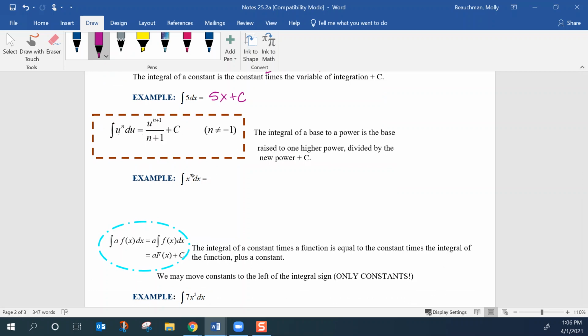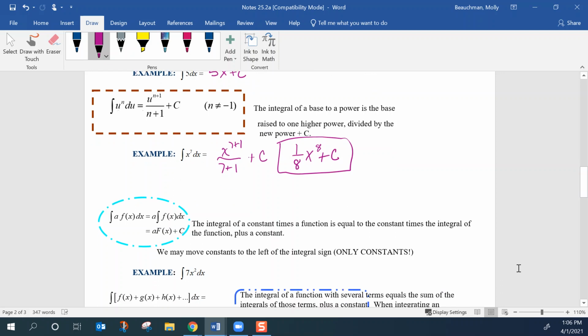So the integral of x to the 7th dx is x to the power of 7 plus 1 divided by 7 plus 1 plus the arbitrary constant. So that becomes 1/8 x to the 8th plus c. So to check, find the derivative, and you should end up with x to the 7th.